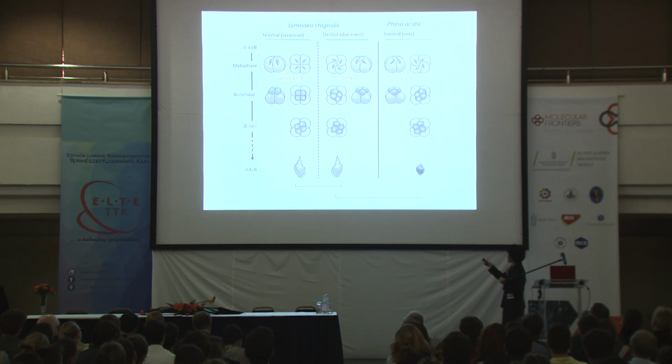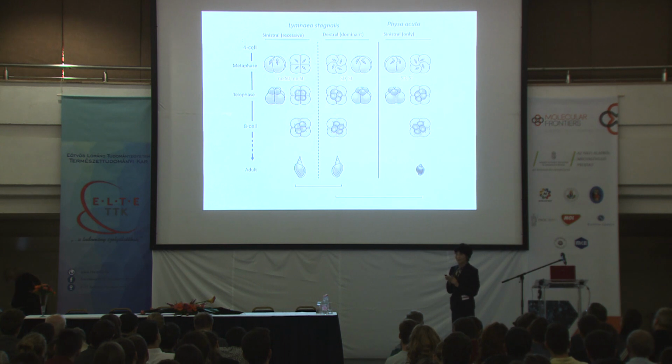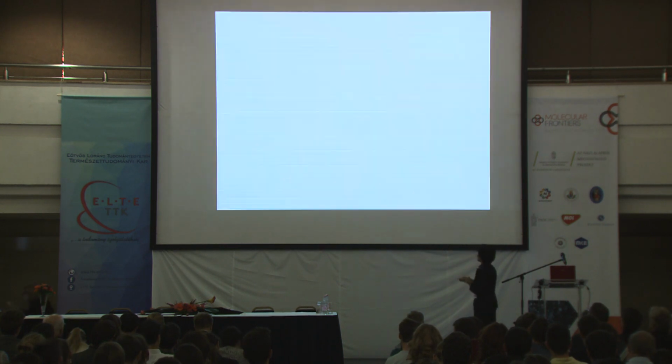Then this is SD, SI, but in a mirror-image way. So this is a mirror symmetry relation, but there's no mirror symmetry at the early stage, and this part is actually controlled by the single handedness-determining gene.